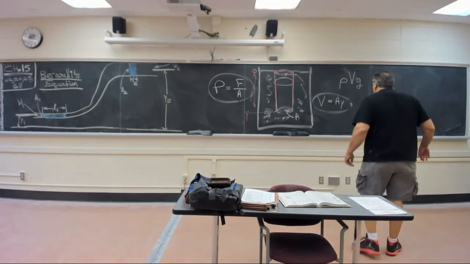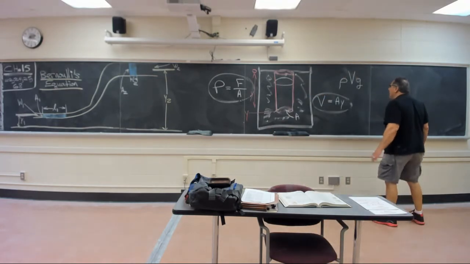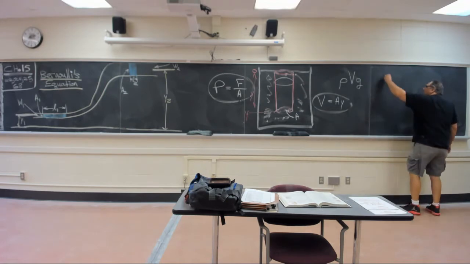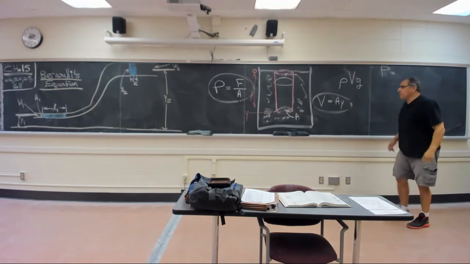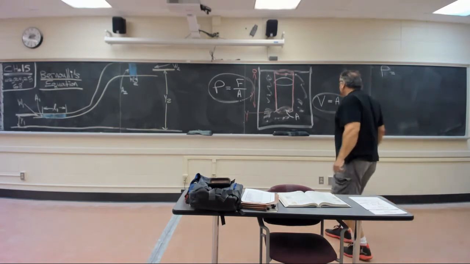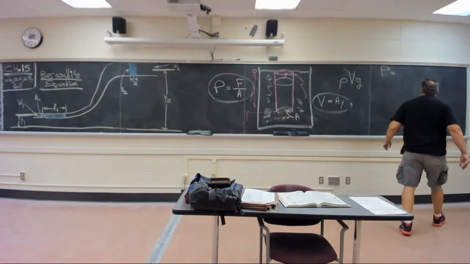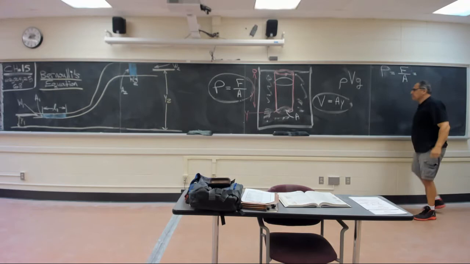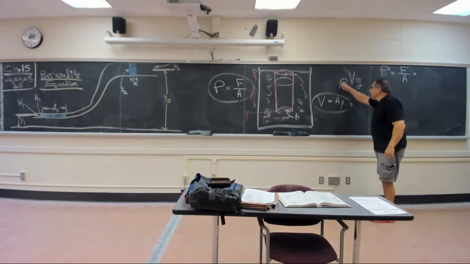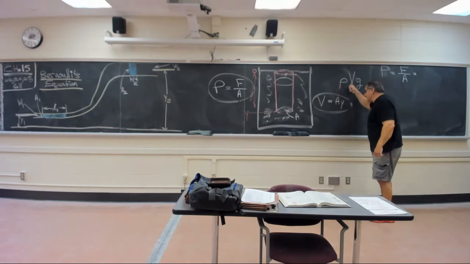So wait a minute. You're telling me the pressure, and again, I don't want to confuse pressure and rho. Rho is the Greek letter for R. P is the Latin-based letter for P. The pressure is the force down there divided by the area. Rho is the mass density, V is the volume.